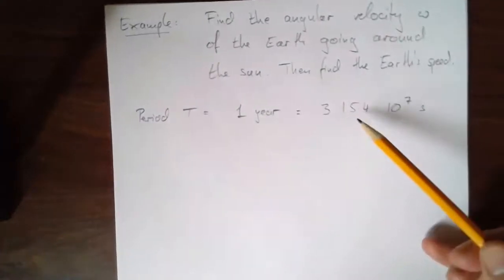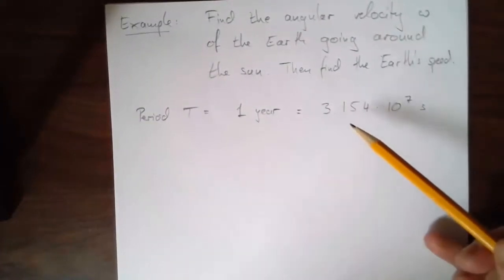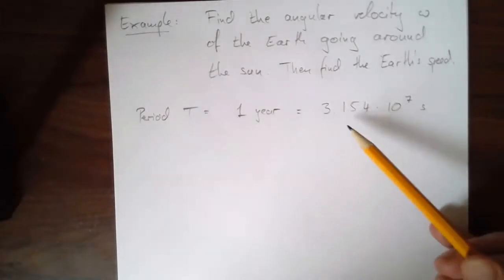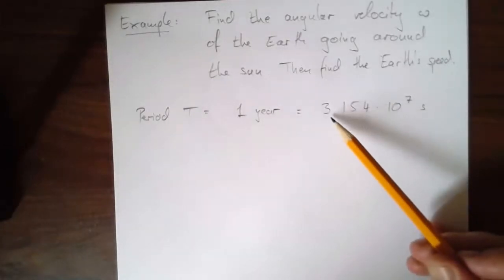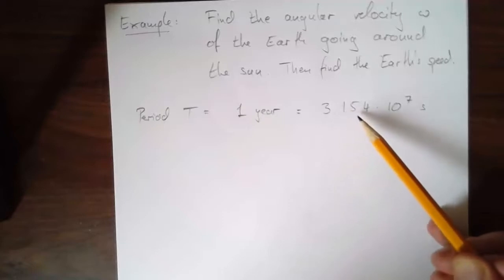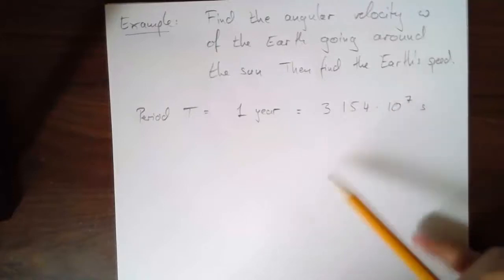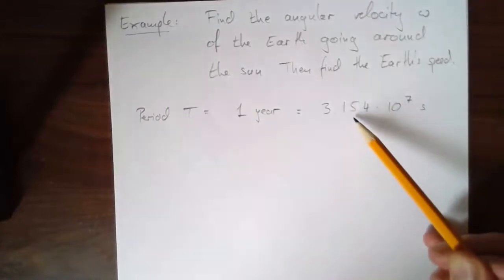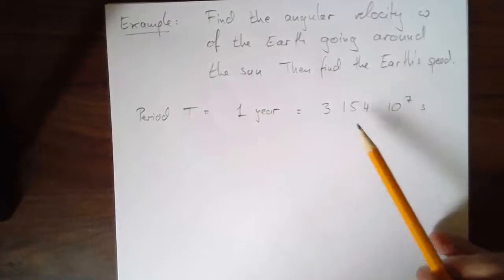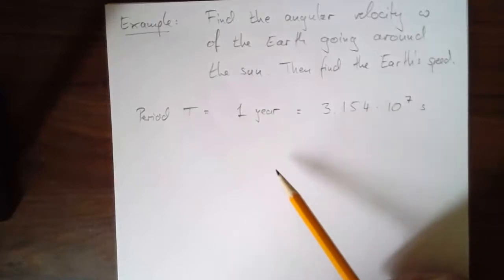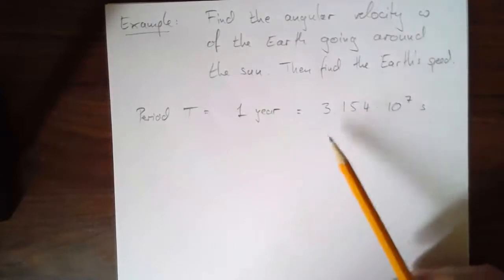Now there's a trick. If you just want a very rough estimate, like 2 significant figures, well, it's 3.15, call it 3.14. It's essentially almost pi times 10 to the 7. I mean, it's not, right? But it's a funny way to remember it. The year has pi times 10 to the 7 seconds.